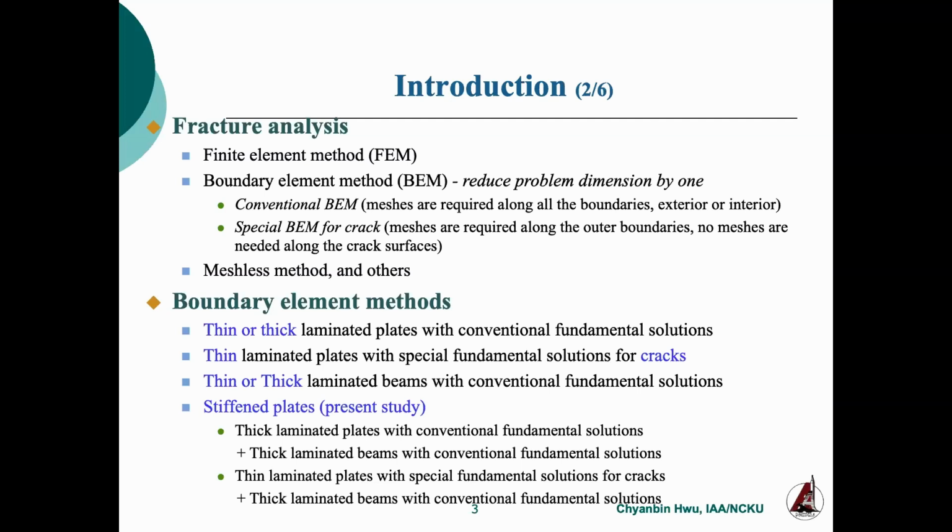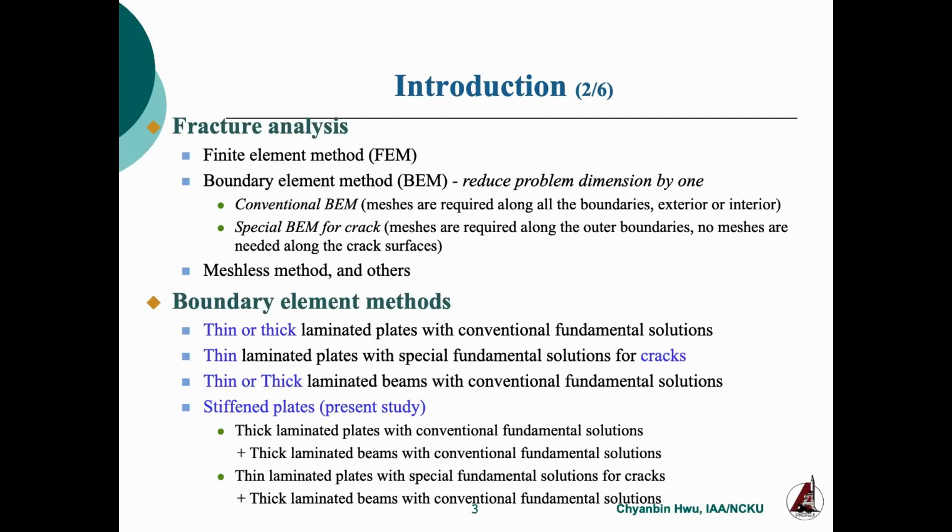Okay, so in this study, we try to develop a boundary element for stiffened laminate composite plates. For the boundary elements, you can think about the thick or thin laminate plate with a conventional fundamental solution. That one, you still need the mesh along the crack tip. But for the thin plate, you can consider the special fundamental solution for the crack.